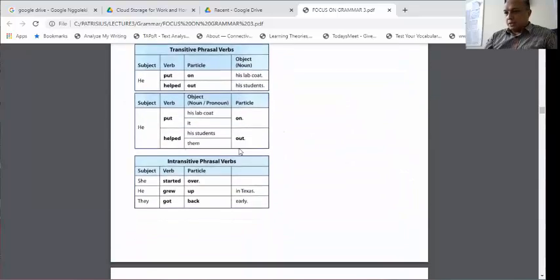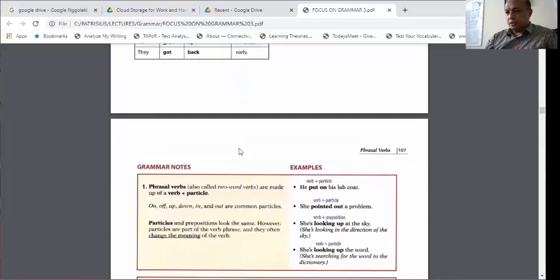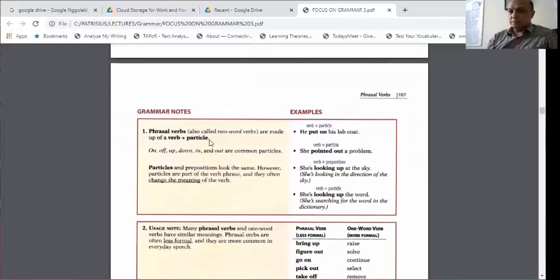Now let's look at the elements that make up a phrasal verb. So if you scroll down the page, you'll have the grammar notes here. The phrasal verbs are also called two-word verbs, exactly, because they are made of two words. And as I said before, the first word is a verb, and the second word is a particle.